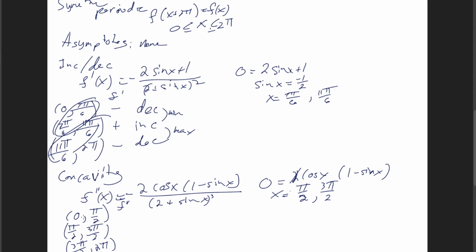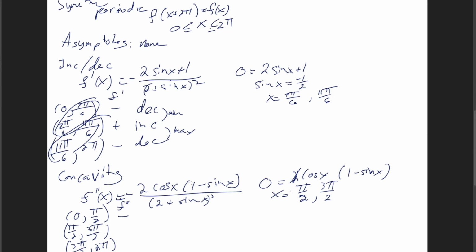If I plug in pi over 4, we're going to see that this is positive. So this will always be positive, and so with this negative sign here, we'll have to go back to this. This is always positive. So this is positive, this is positive, and this will overall be negative, since positive, positive, and this negative becomes negative.